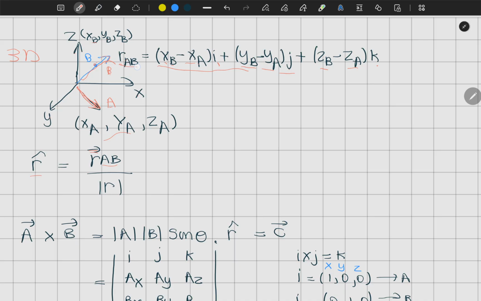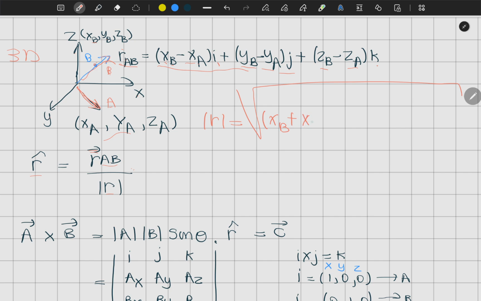So this is RAB vector that we're going to use in this formula, and then you need to find your resultant.